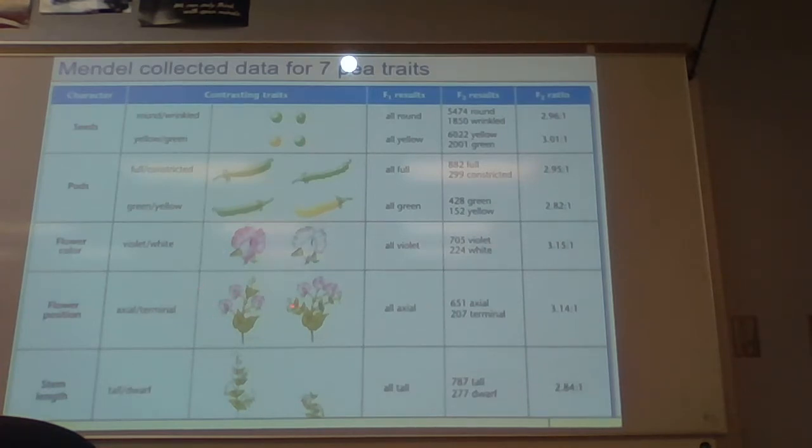Axial versus terminal. Axial means the flowers are coming on the side, terminal means at the end. Tall and short. Take a look at the F1 results and the F2 results in the ratio here. What patterns do you notice in your group?